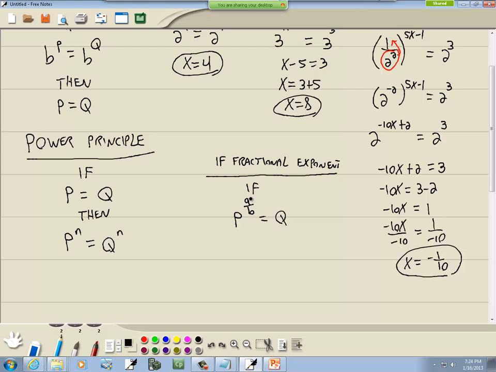So this would be both sides to the b over a power. So this becomes p is equal to q to the b over a. Now if a is even, put a plus or minus before q.